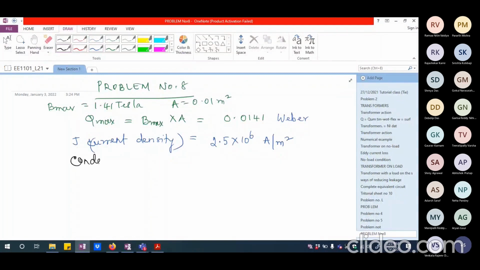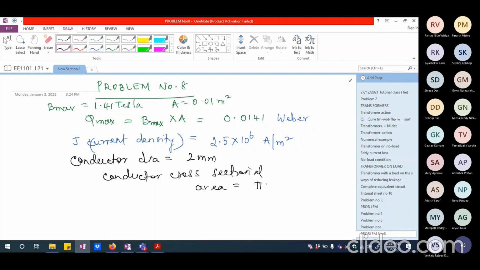So I can say conductor cross sectional area is how much? 1 millimeter is the radius. So pi r square, pi multiplied by 1 multiplied by 10 power minus 6. So this is going to be the area in meter square.